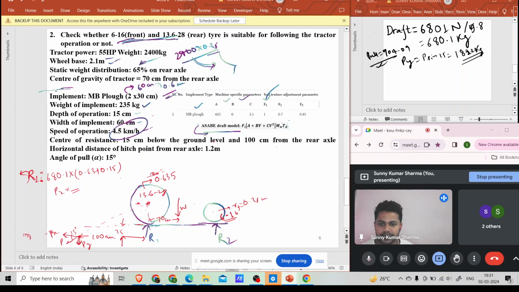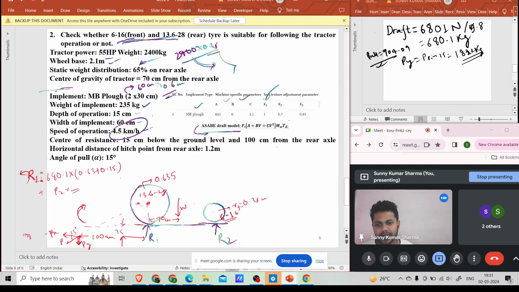What will be the direction for Py? If Px we have taken positive, acting along R1, in which direction is Px acting? This is clockwise. If clockwise direction we have taken positive, then what will be the direction of Py?